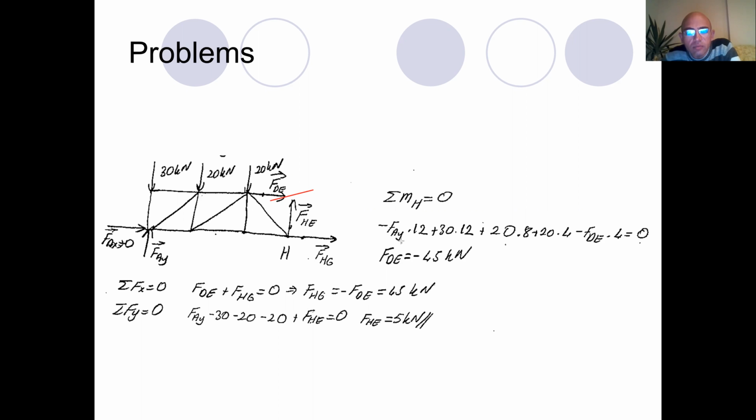Now, if I calculate the moment, and assuming that the counterclockwise direction is positive, FAY multiplied by 12, this is the moment generated by this force, minus 30 multiplied by 12, this is the moment generated by this force, plus 20 multiplied by 8, it is the moment generated by this force, and 20 multiplied by 4, it is the moment generated by this 20 kilonewton load, and finally minus FDE multiplied by 4.